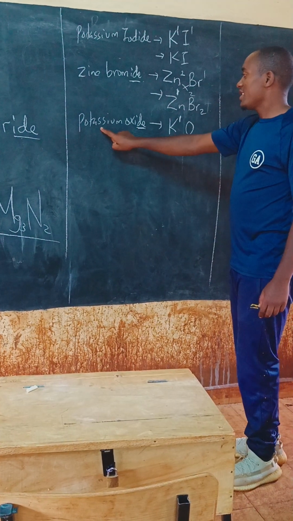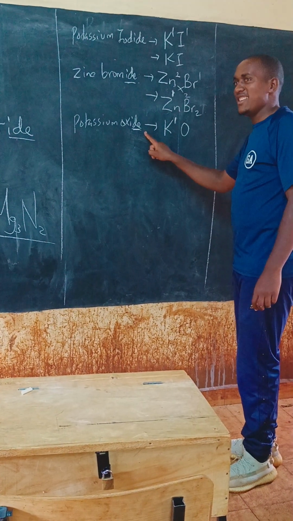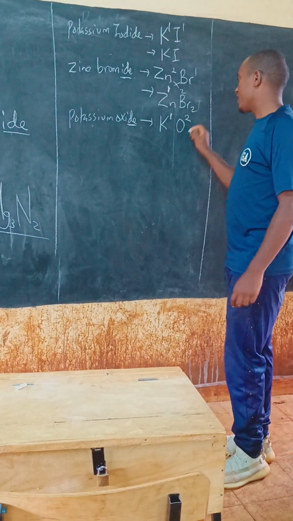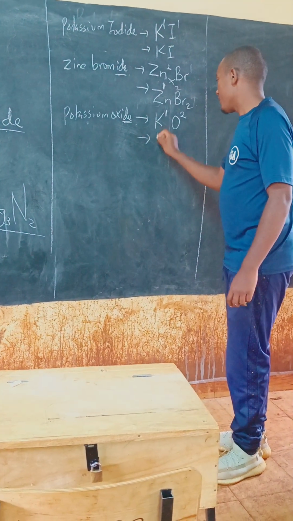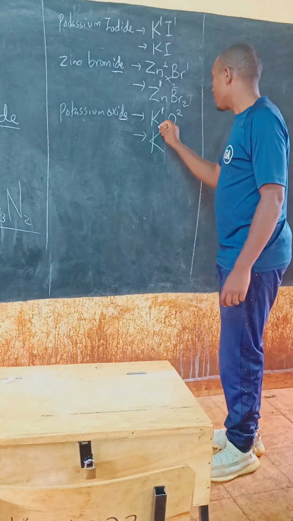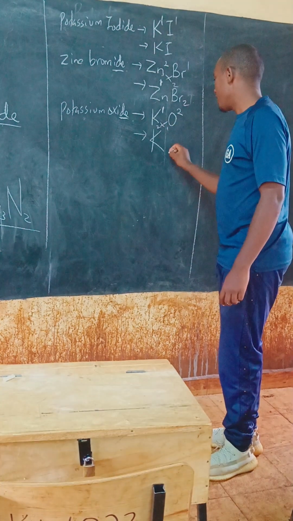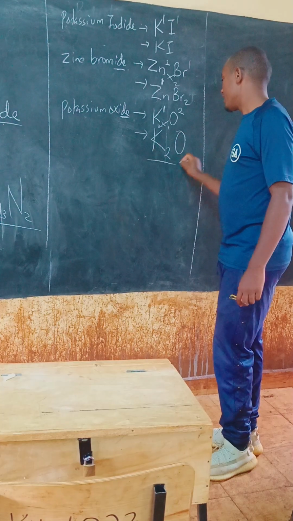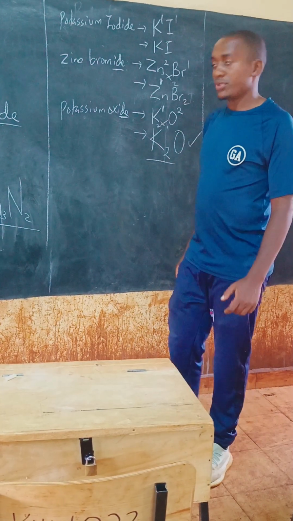And in potassium oxide, IDE, we have potassium and oxygen. So potassium valence 1, oxygen valence 2. Finding the formula, exchanging, 2 will come here, 1 will go there. So the formula of potassium oxide is K2O.